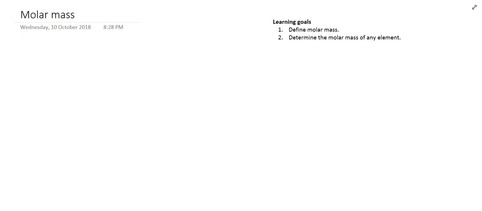But we won't be able to work out the number of moles of this water without the molar mass. So the molar mass is an important property of substances that we need to understand.